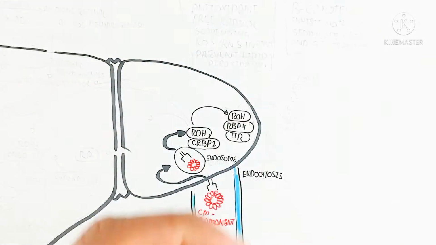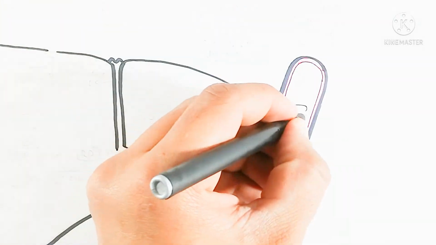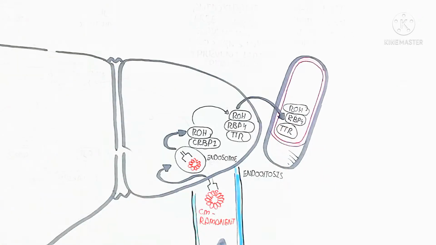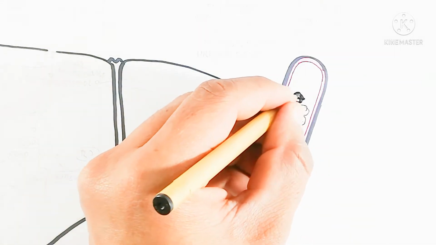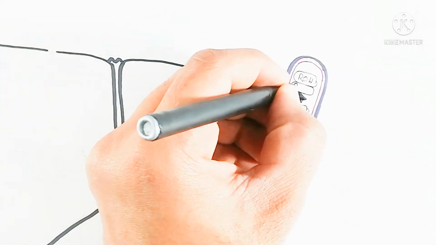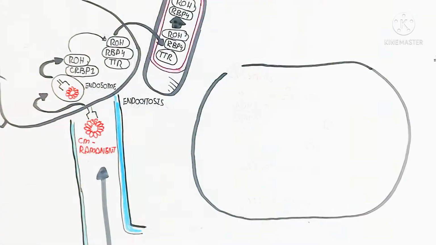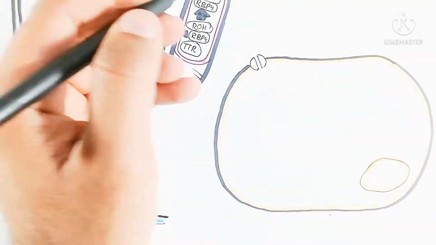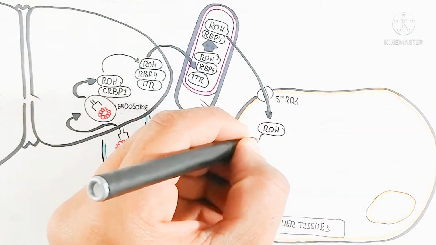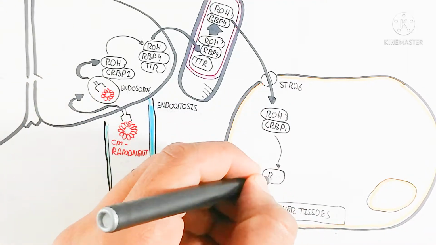In this way the retinol again binds with retinol binding protein 4 and TTR, and it will move and dissociate again from retinol binding protein 4 and TTR, and ROH will move into the tissue, different tissue. So that is why retinol binding protein 4 is important.